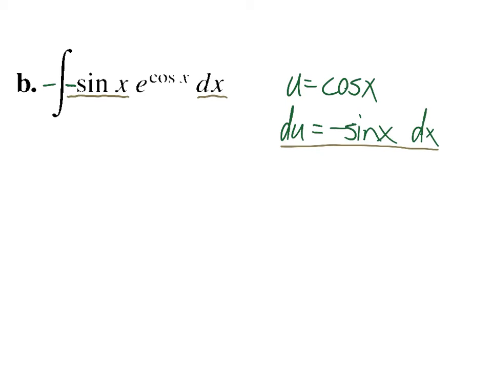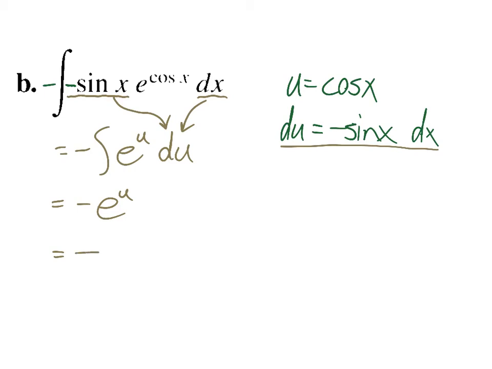So we can rewrite this as a negative integral of e to the u du. This and this combined for the du. So that's a negative e to the u, which is negative e to the cosine x plus c.